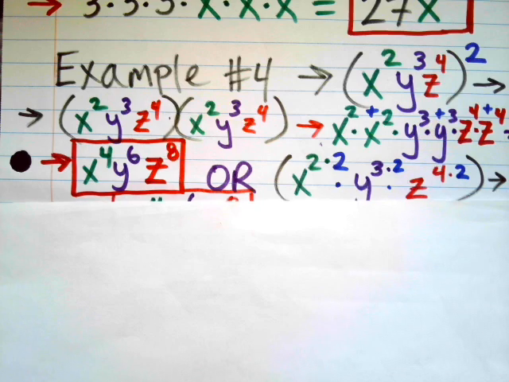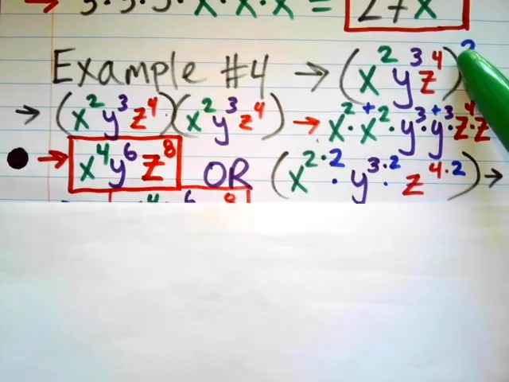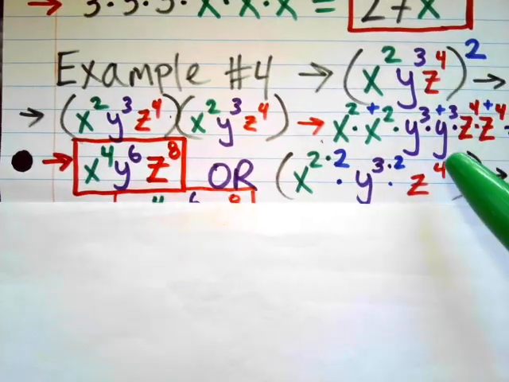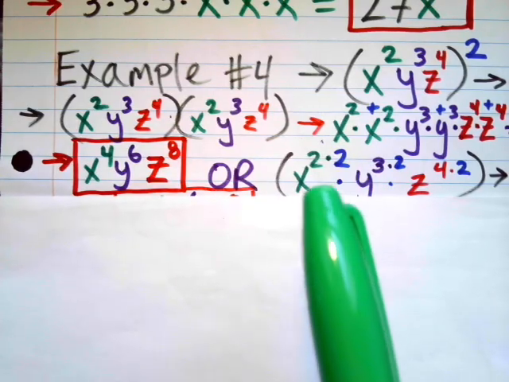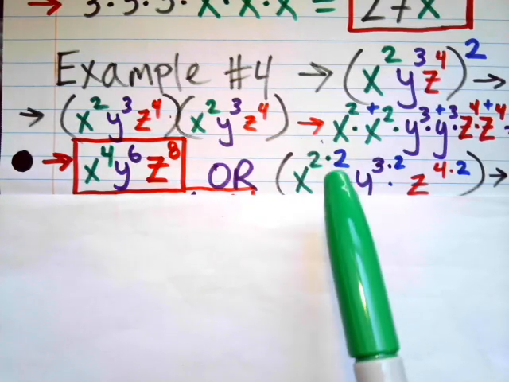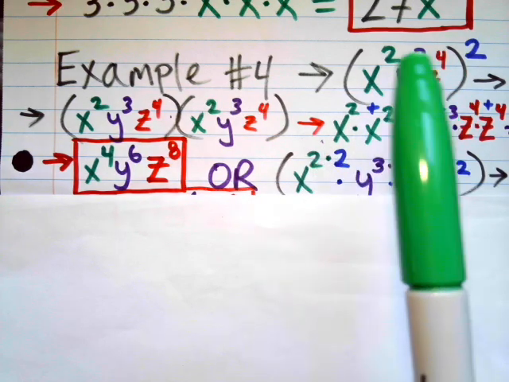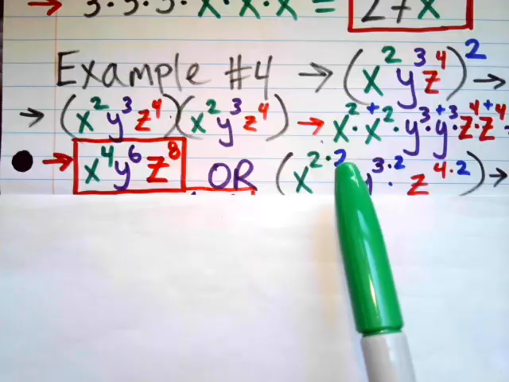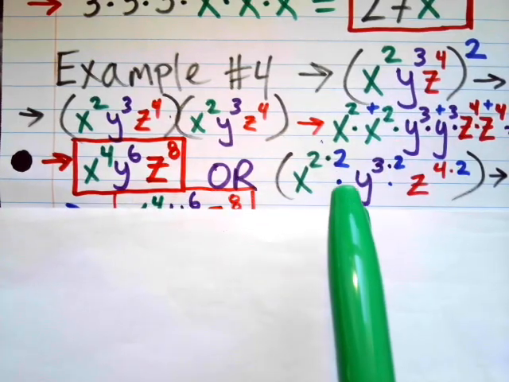So I wanted to show you a different version of this type of problem. So remember, power to power means, hey, we can just straight up multiply these guys, right? We can just multiply these terms. And that's what I'm showing you here in the second method of solving this particular type of problem. Okay, so 2 times 2. And these guys are attached through multiplication, so I will show you that here.